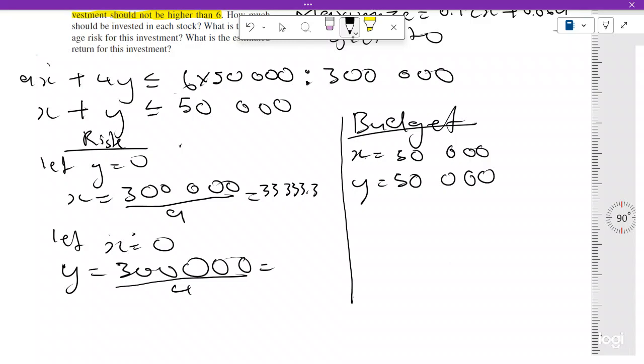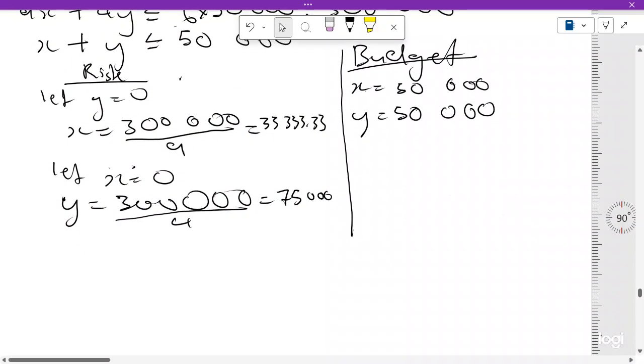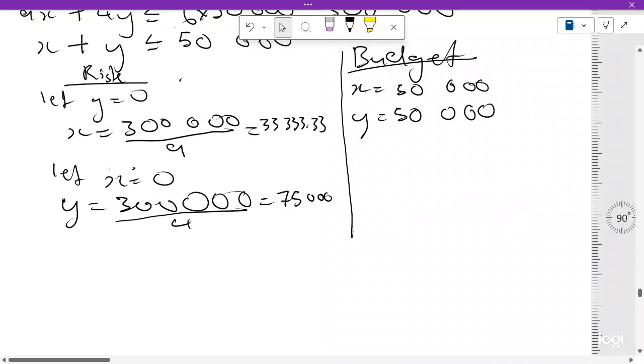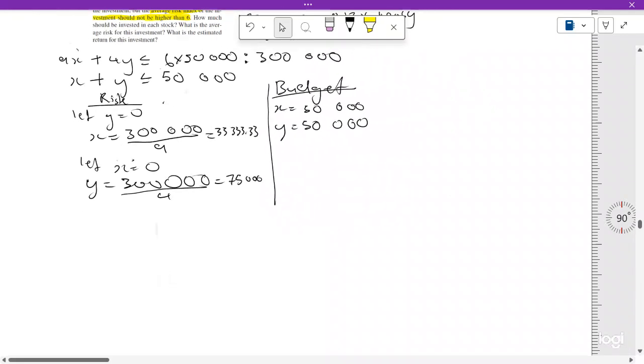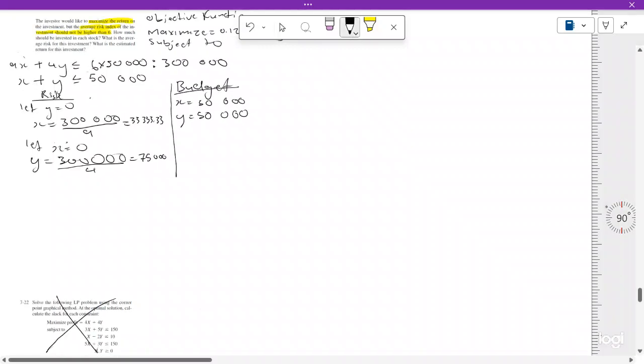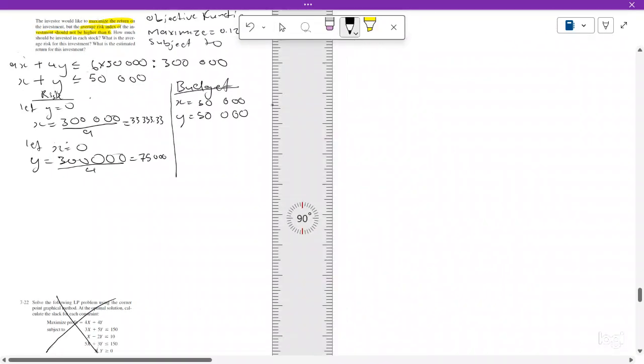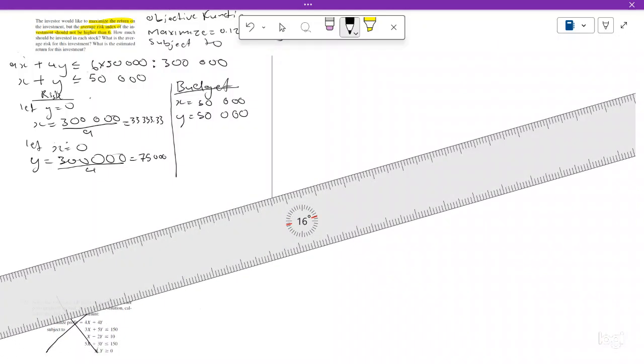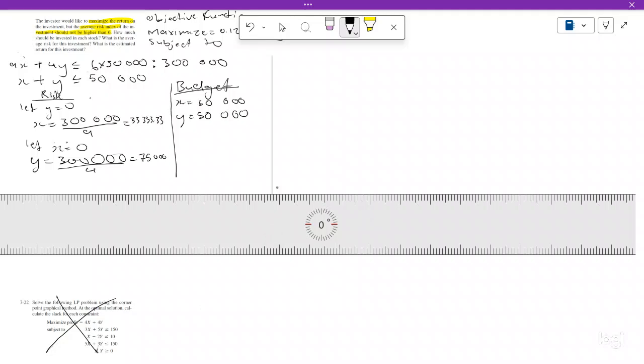So now I would go there and solve the same value. x in this budget formula plus y, so it's going to be 31,250 minus 50,000.